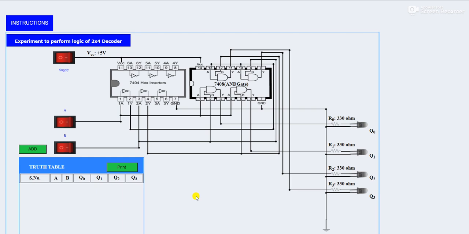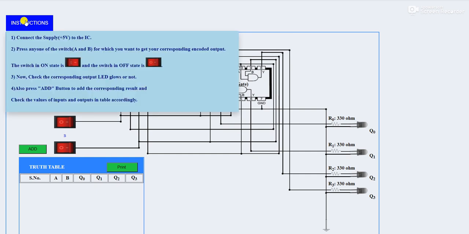This is the circuit diagram, in which with the help of a 7404 inverter IC and a 7408 AND gate IC, we will implement the 2 to 4 decoder. On the left hand side there is a list of instructions which we have to follow for the proper connection diagram, and then we will find out the results for a particular combination of inputs A and B.